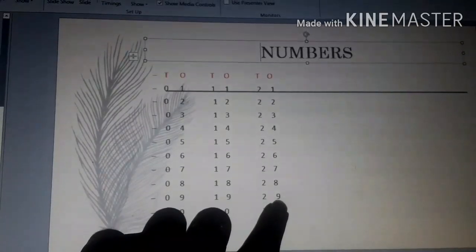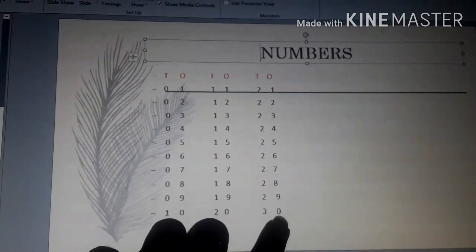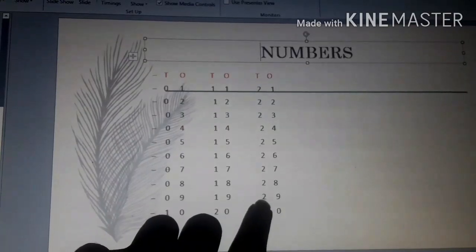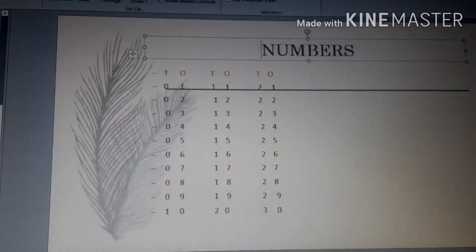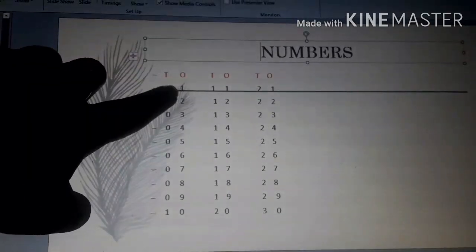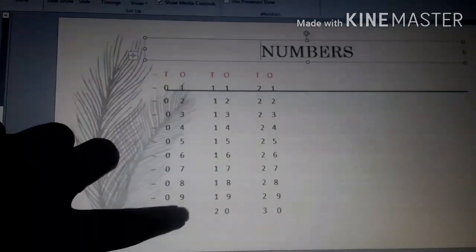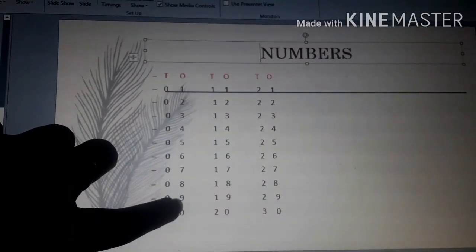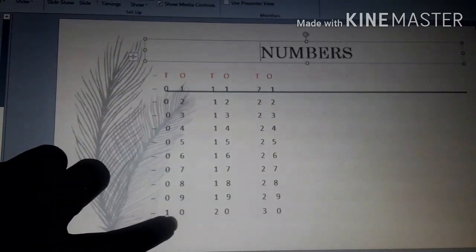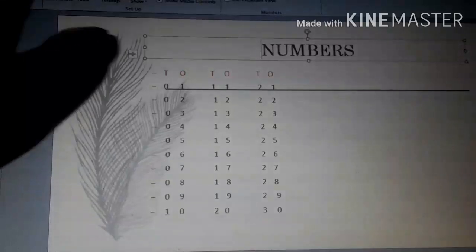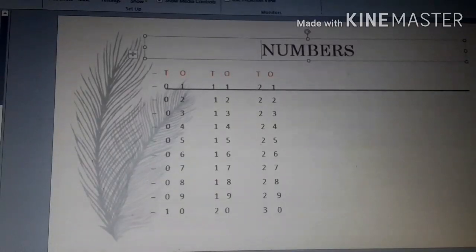Now again, after 9, what will come, children? 0. And after 2, what will come? The next number, that is 3. Understood? This is how we will write up to 99. Clear? Is the concept clear, children? The numbers from 1 to 9 are all single digit numbers, and the double digit numbers start from 10 and end at 99. Clear?